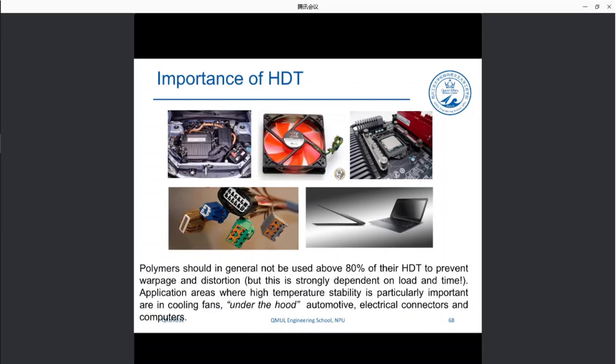And it is very important to know the heat deflection temperature, because in applications such as a laptop, let's say, we don't want a polymer to heat up to its softening point, and then once you apply some pressure yourself, it becomes distorted. So polymers should not be used above 80% of their heat distortion temperature in order to prevent warpage and distortion.